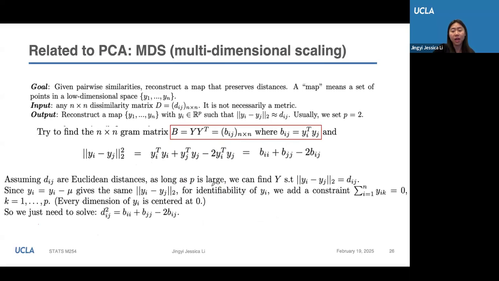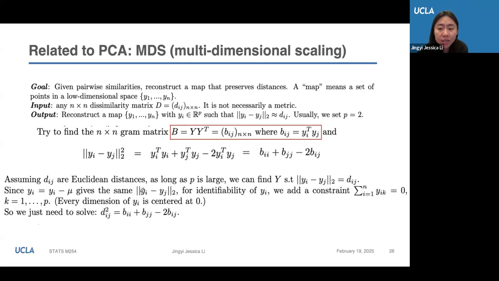So for now, let's simply set an equation: dij squared, this is the input, equals bii plus bjj minus 2 bij, which is the square of the Euclidean distance in the 2D space of our yi and yj. So our hope is that first we find this B matrix, and then we decompose B into Y times Y transpose, so we find Y. That's the hope. And we want to be exact here, so we just set an equation.